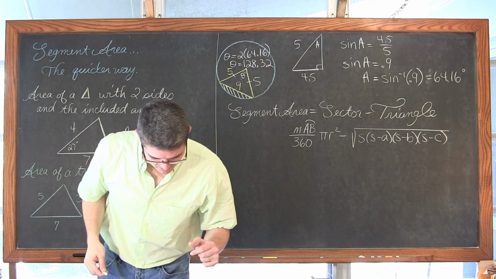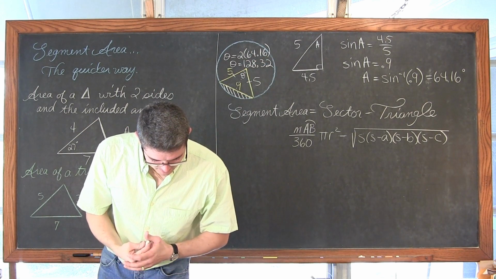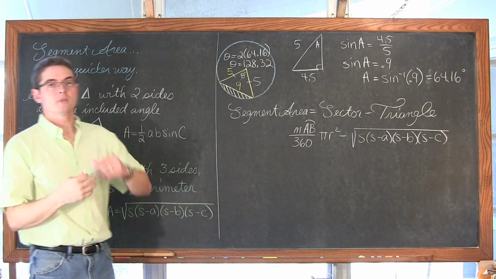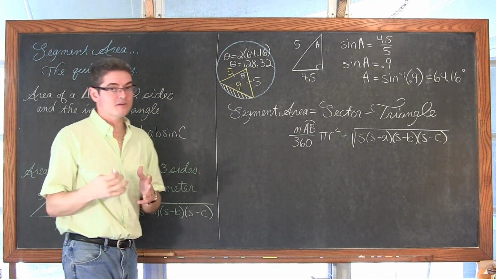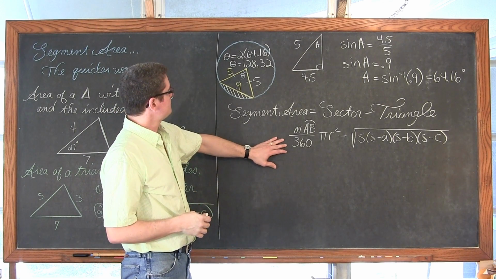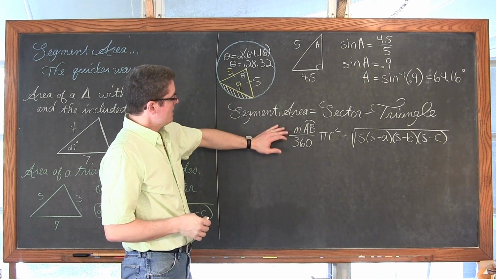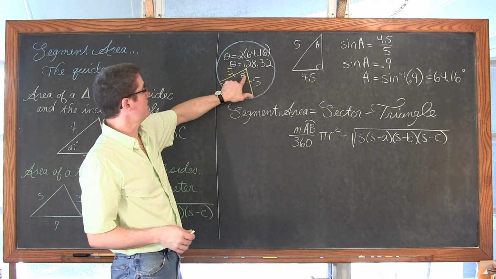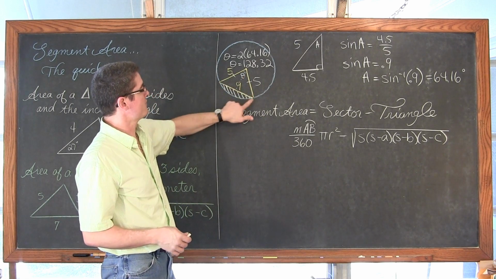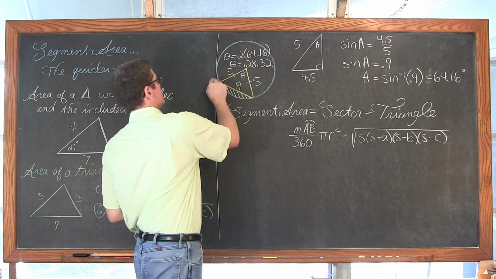Let me just double check here. Excellent. Okay, now I can get back to this shorter way of doing this problem, and it is shorter, I promise you. So the measure of the central angle is 128.32 degrees, and therefore the arc is as well.